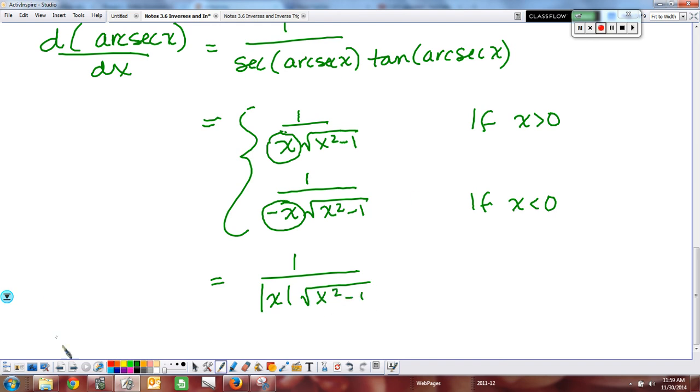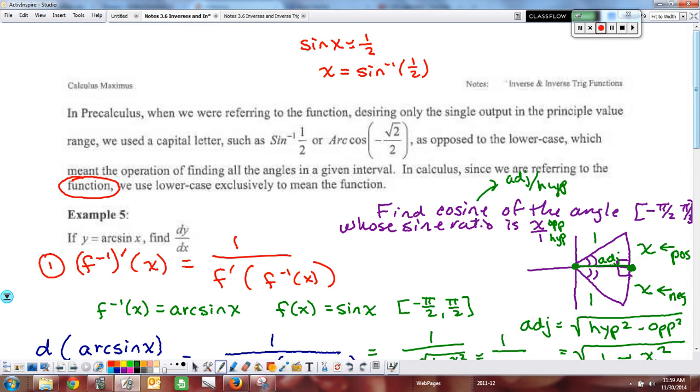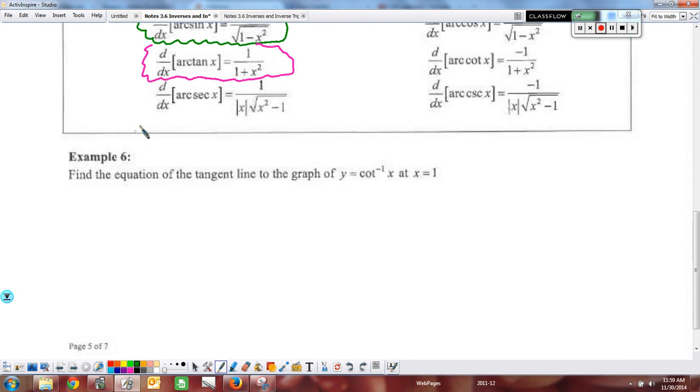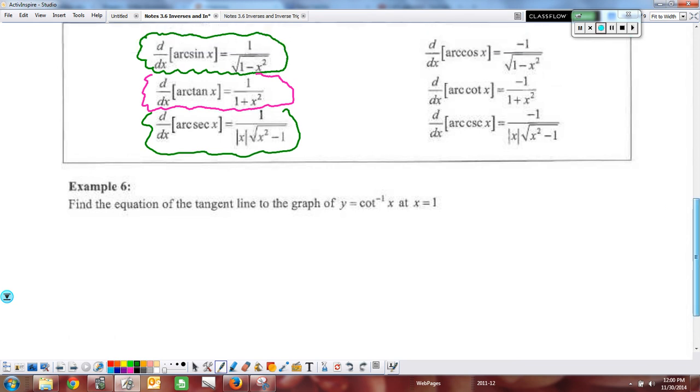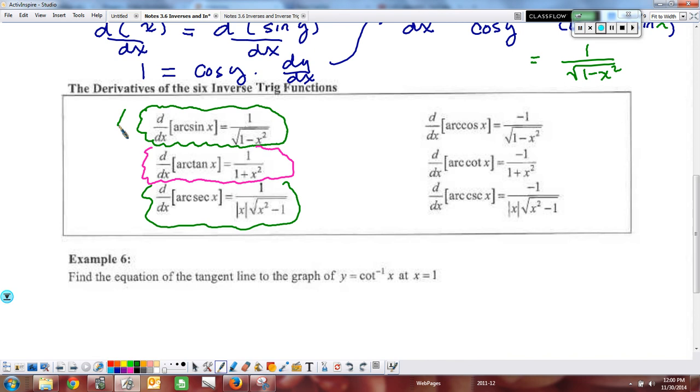And so that's why over here in our little shortcut rules, all of a sudden this little rule has an absolute value in it. It's because you have two different cases when x is positive or x is negative. Now, in terms of these formulas, these are the two that in AB Calc are going to be used the most.